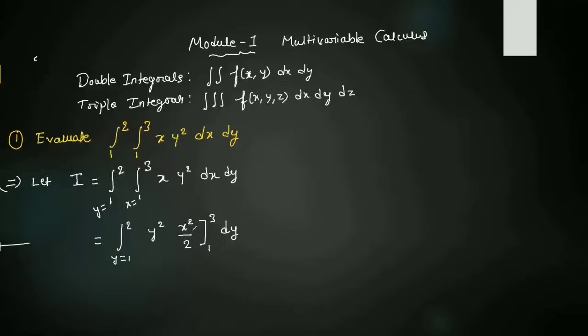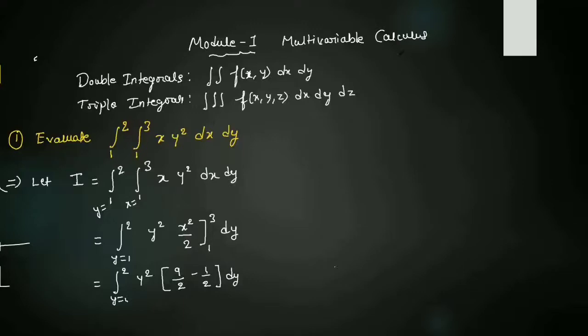Now, please simplify. Substitute 3 in place of x: 3 square is 9. So we get 9 by 2 minus, in place of x, 1, so it is 1 by 2. So the integral of y from 1 to 2, y square as it is, times 9 by 2 minus 1 by 2, dy.